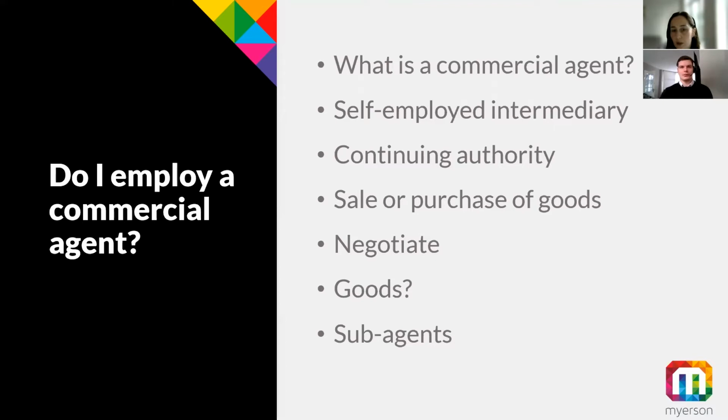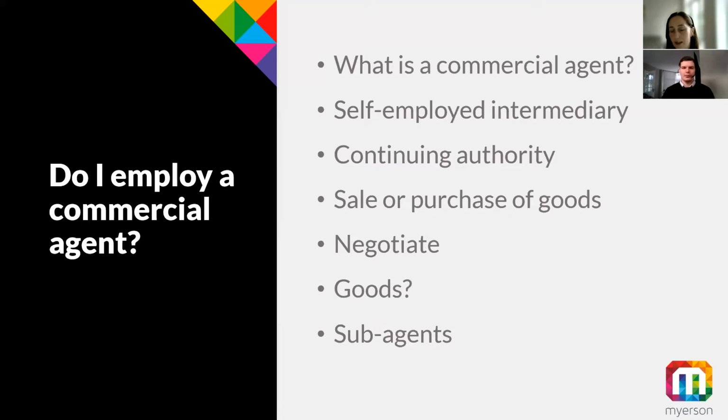So coming on to the requirement that the agent must sell goods, it must be a sale of goods as opposed to services. And usually that is a straightforward issue to determine. And goods are usually tangible items. For example, the sale of shoes would be goods, whereas the sale of insurance would be a service.